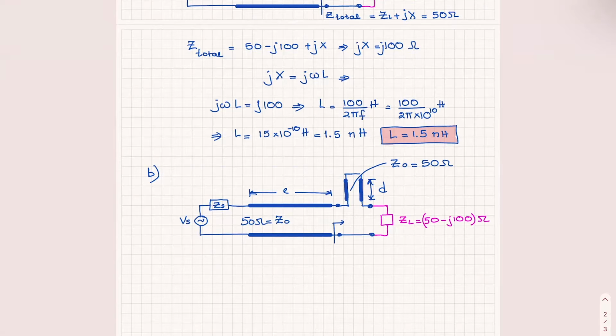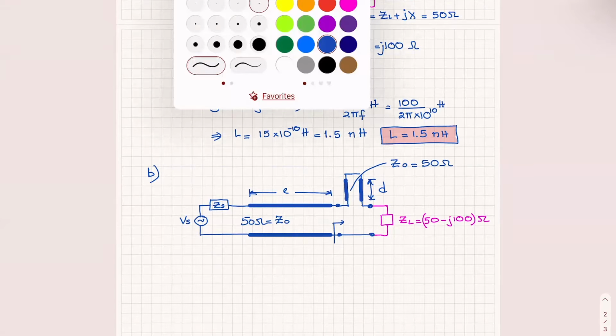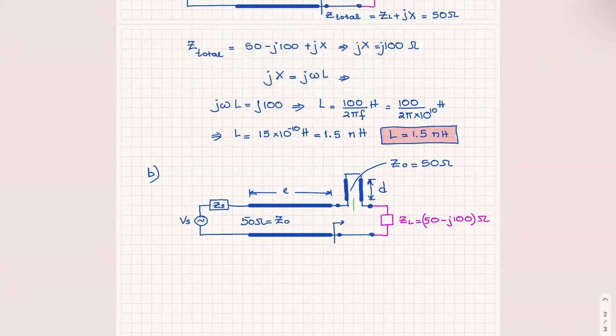Okay, so now what I know is that this one here, the input to the stub has to be jX.